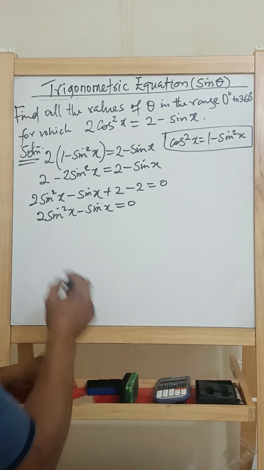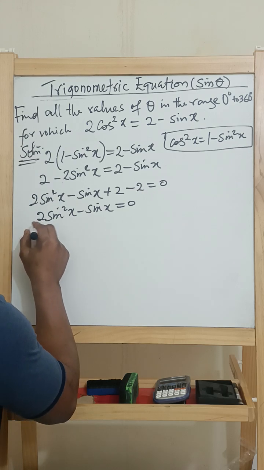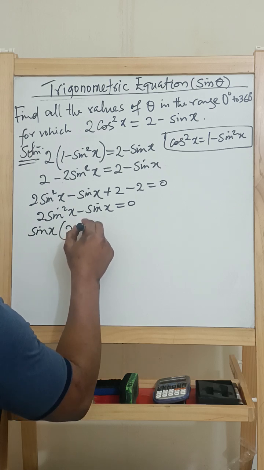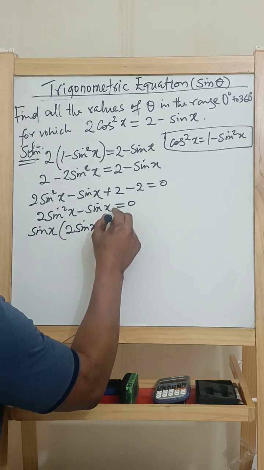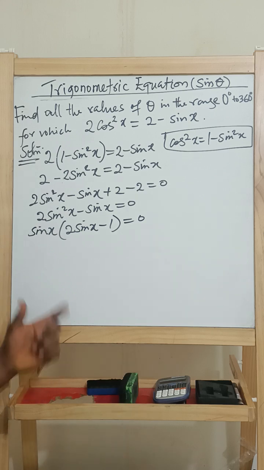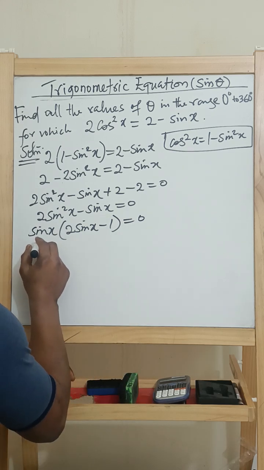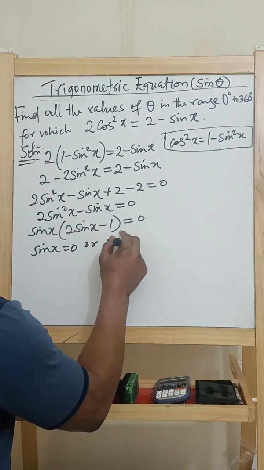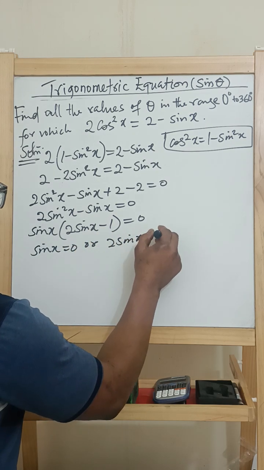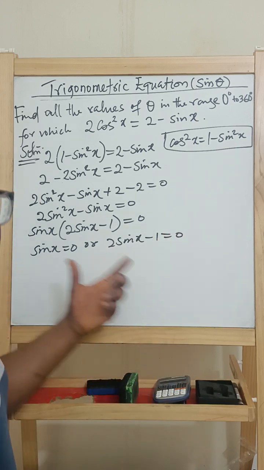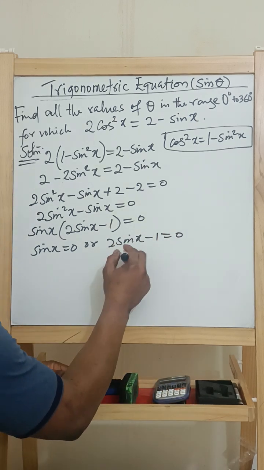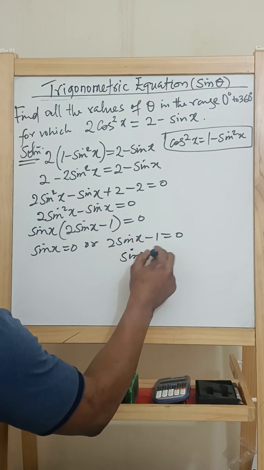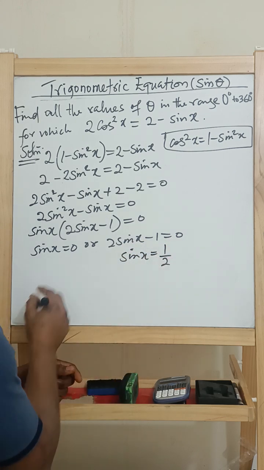Sine x is common, so we can factorize it out. We have sine x times (2 sine x minus 1) equals 0. From here, sine x equals 0, or 2 sine x minus 1 equals 0, so sine x will be 1 over 2.